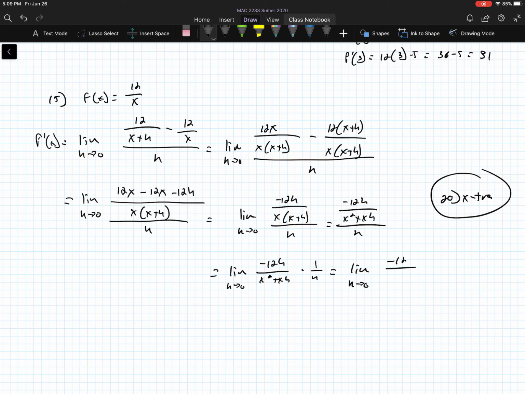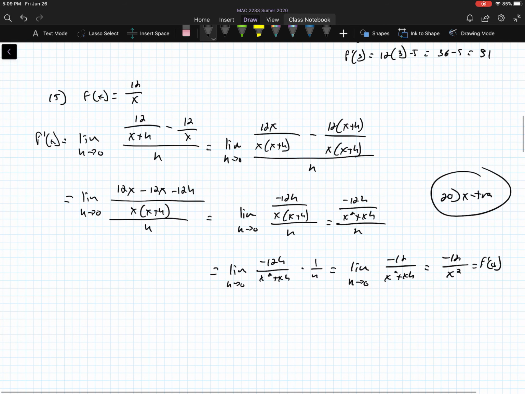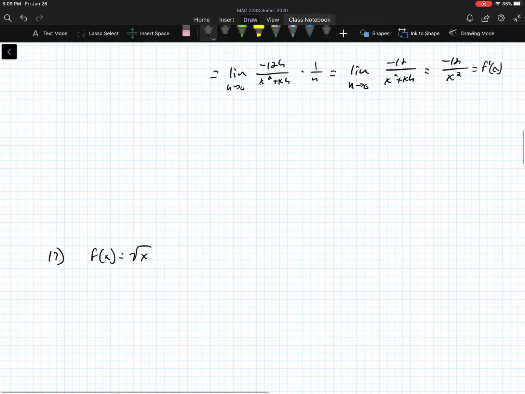And then here it's going to be negative 12 over x squared plus xh, which is just going to be negative 12 over x squared. So if the function is defined to be 12 over x, then f prime of x, or the derivative of the function, ends up being negative 12 over x squared. Let me just rewrite that a little better. Right? And then, of course, you can evaluate the values here.